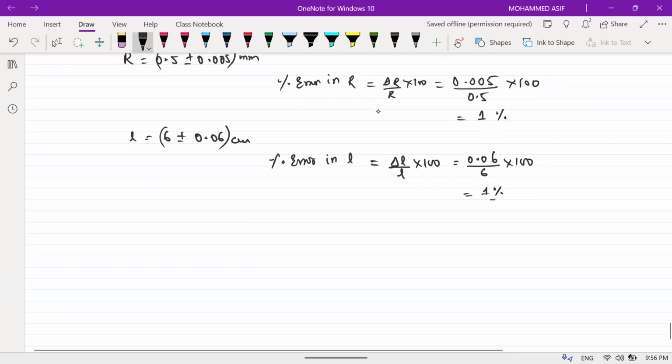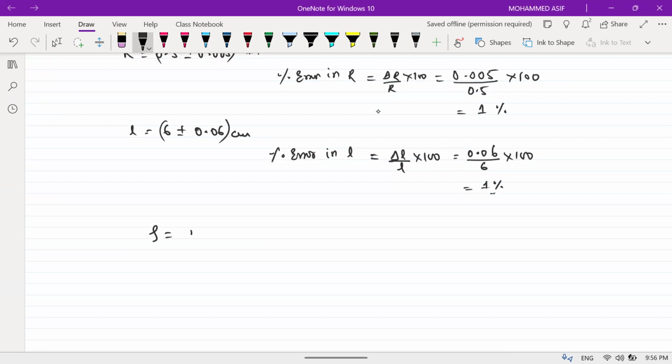आ गया. So density का फॉर्मूला क्या है अभी? Density is equals to mass divided by volume. मास तो दे रखा है, वॉल्यूम नहीं दिया. वायर का वॉल्यूम क्या रहेगा बेटा? पाई आर स्क्वायर इंटू एल. तो अब इसमें एरर लिखो. Delta rho divided by rho into 100 is equal to delta m divided by m plus 2 into delta r divided by r plus delta l by l multiplied by total 100.